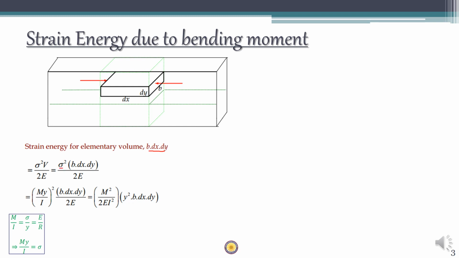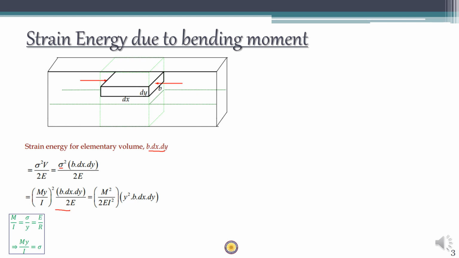Sigma here should be the bending stress, which can be found from the bending equation as sigma equal to M by I multiplied by y. So you can substitute sigma as My by I. So we have an expression something like this.